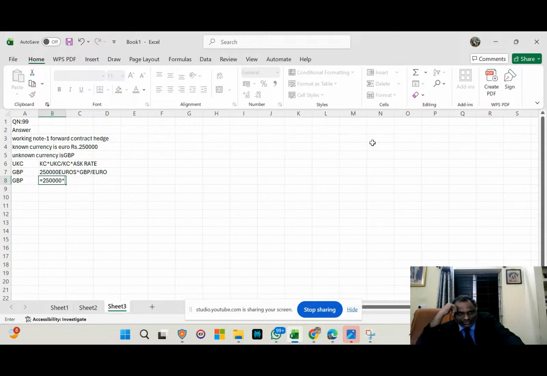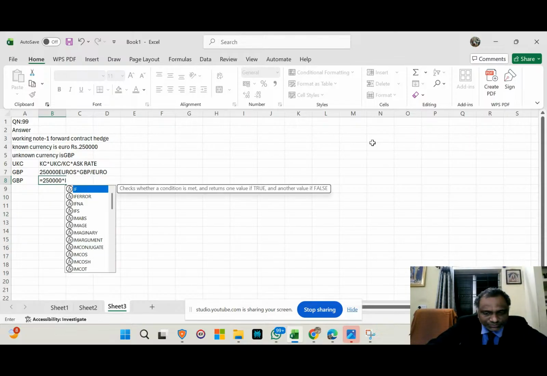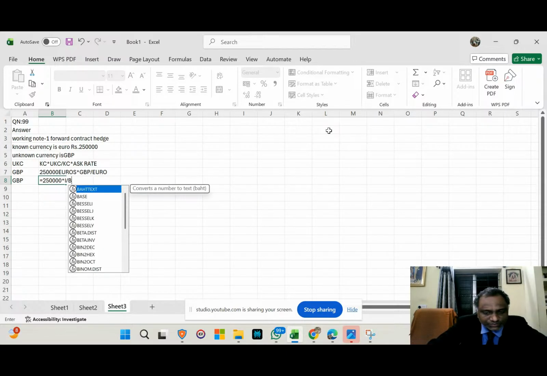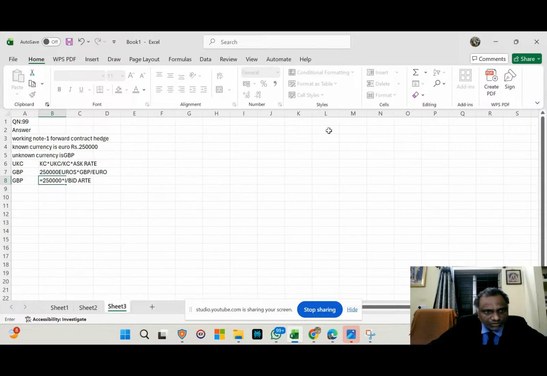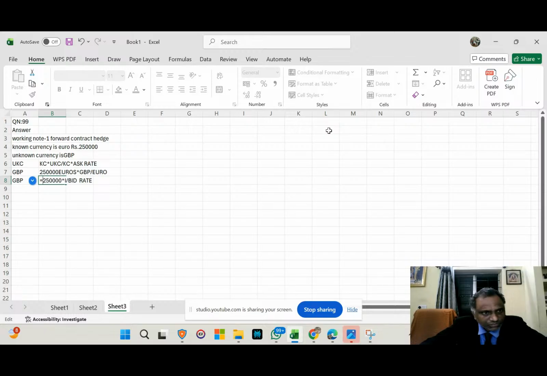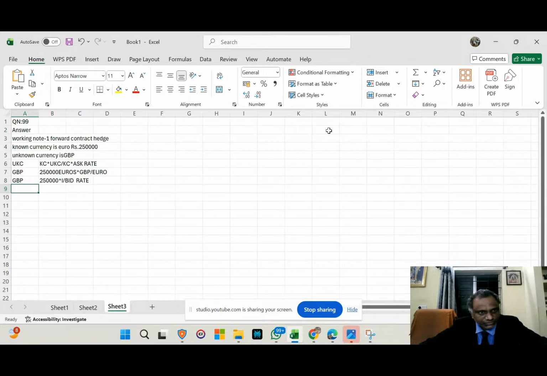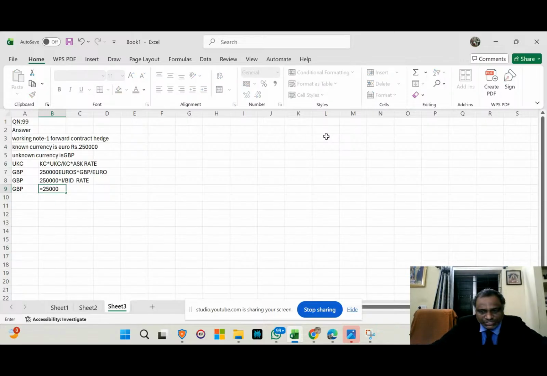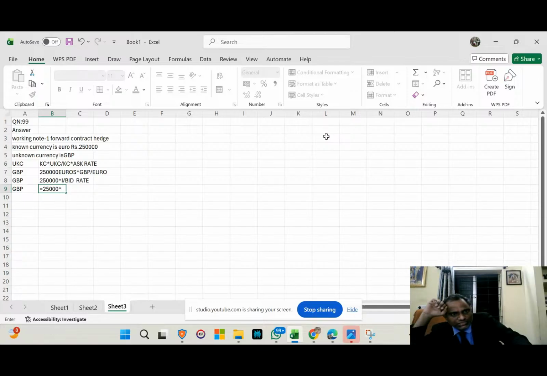Now we will use 1 divided by bid rate. GBP is equal to 2,50,000 into 1 by GBP by euro, euro by GBP.